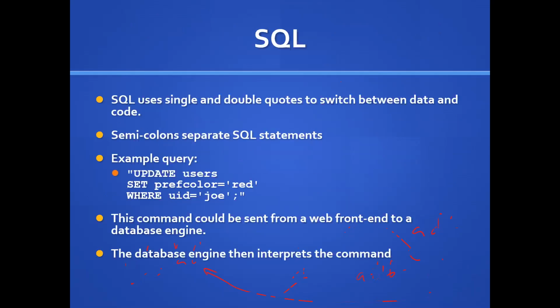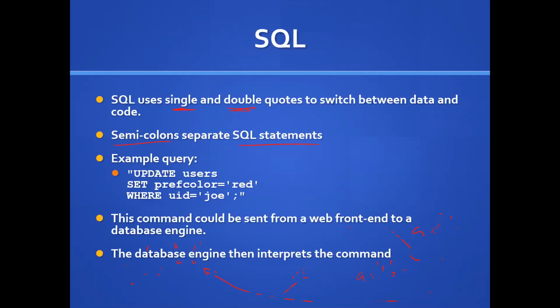All right, good. Now we are back again to SQL. I've said this so many times, but now formally with the slides, we're going to go over it. SQL uses single and double quotes to switch between data and code, and semicolons separate SQL statements.